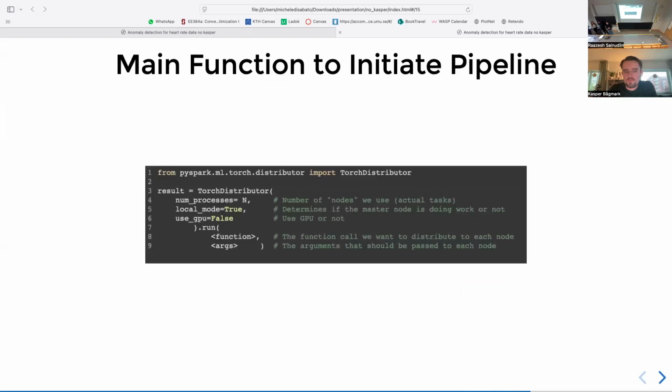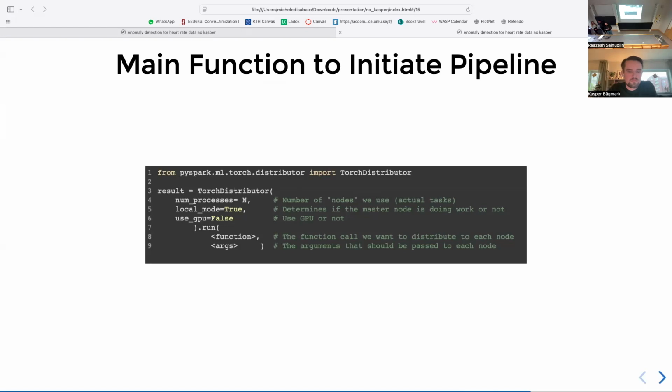And here is the main function to initiate this pipeline. Here again, it actually shows the beauty of this library because it's very simple and very brief. So what you need to do is only to create this TorchDistributor instance and give some parameters to specify the number of processes, like how many workloads you want to involve.